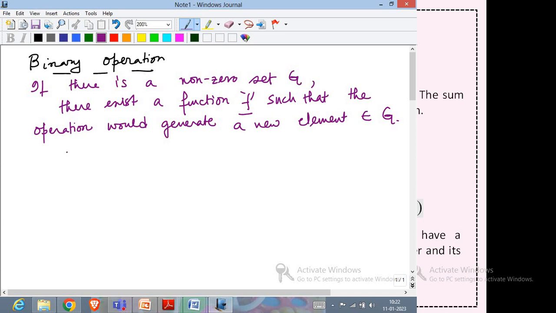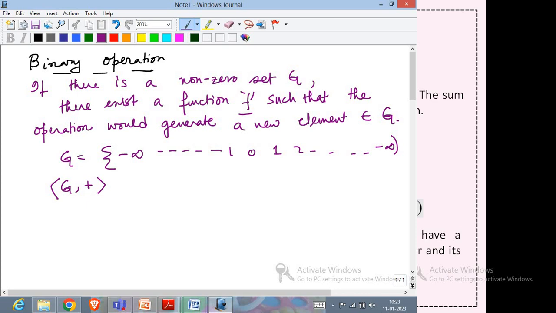Suppose I have a scenario where G is given by minus infinity to minus 1, 0, then plus 1, 2, so any integer. Suppose G is any integer set, a non-zero set. Now suppose you apply any of these rules. For example, the representation is something like G, plus, and this is the nomenclature of it.